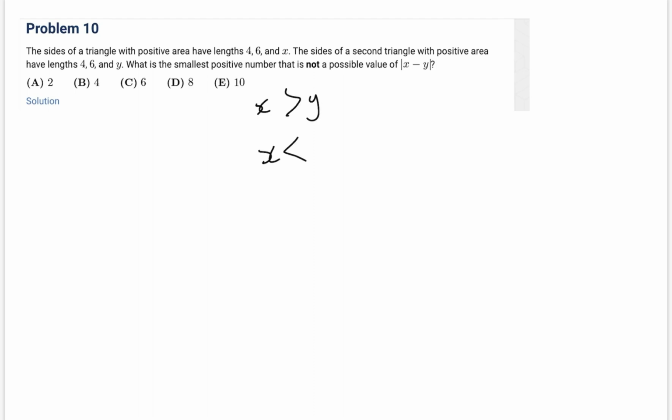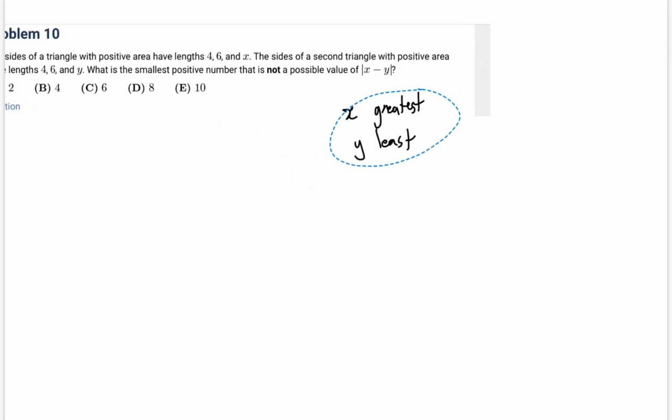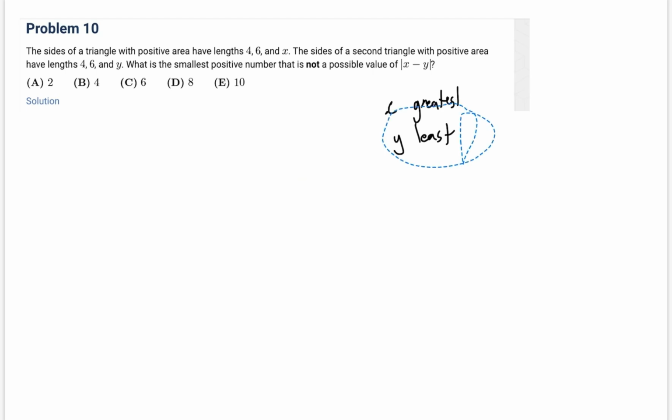But it doesn't matter if x is smaller than y, because this has an absolute value anyway. So if we say that x is greater than y, then x should be the greatest and y should be the least.